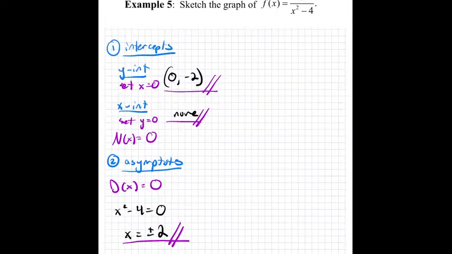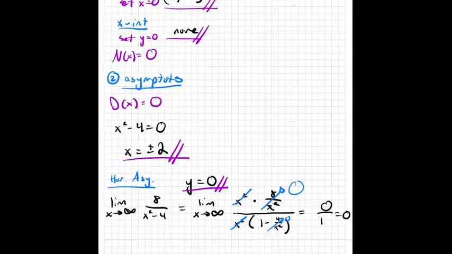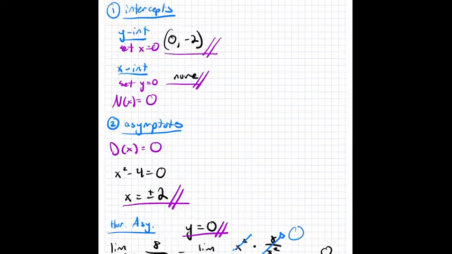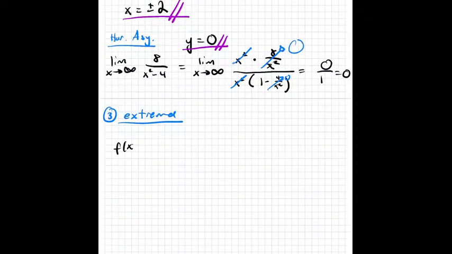So then I think the next suggestion was to look at the derivatives to find any max and min. You want to look at the first and second derivatives. So we'll say extrema is the third one. Find any extrema. Okay. So let me get a copy of the original f of x, which equals 8 over x squared minus 4.